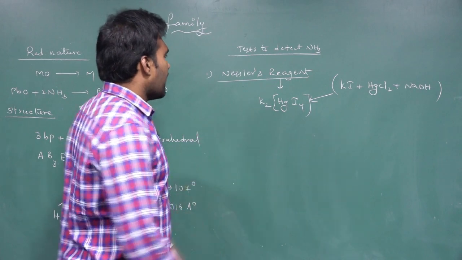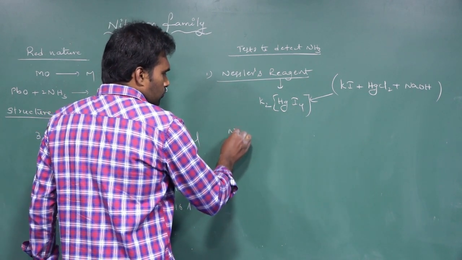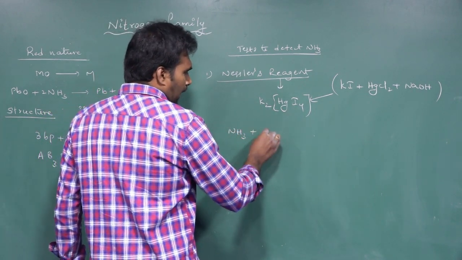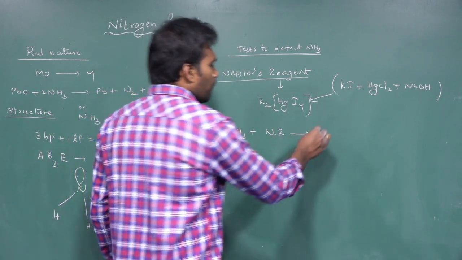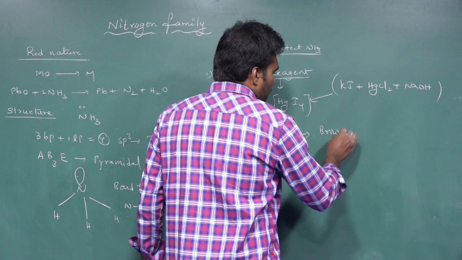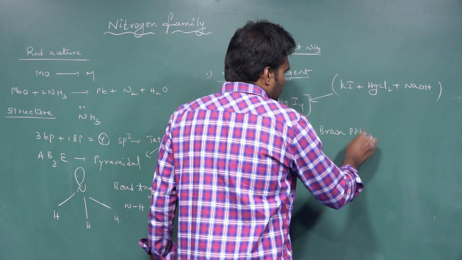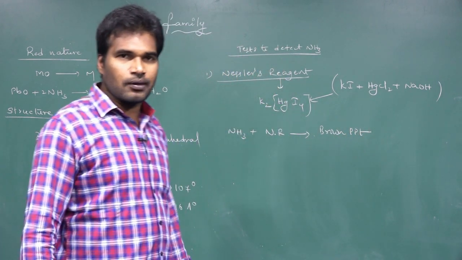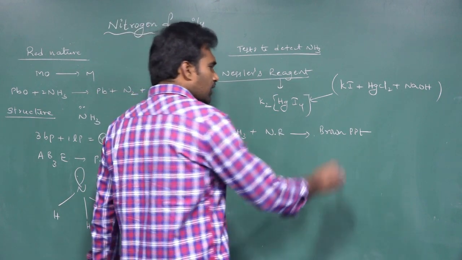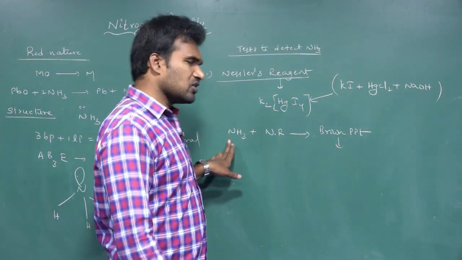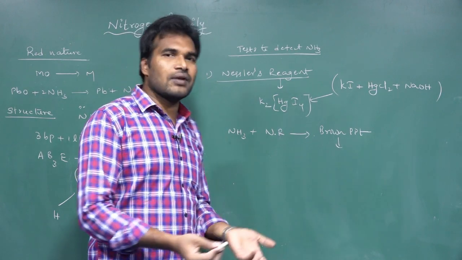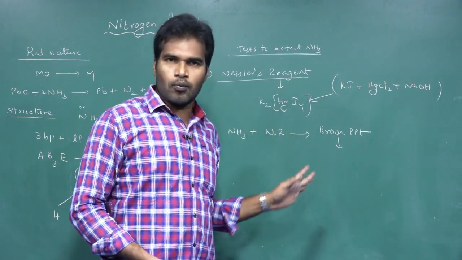When you add Nessler's reagent to the ammonia compound, we get a brown colored precipitate. If it gives a brown color, it confirms the presence of ammonia. If it is not giving brown color, there was no ammonia in it.